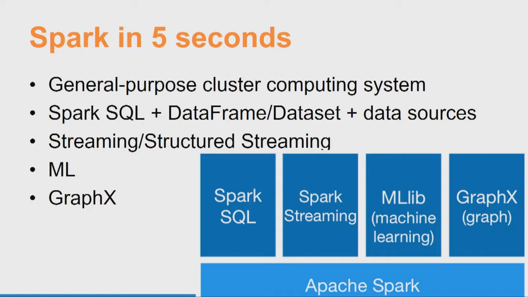But yeah, Spark in 5 seconds. This diagram, this chart always shows up. Spark itself is a general purpose cluster computing system. It supports several different types of verticals, including something new like structured streaming, a streaming application, Spark SQL, data frame, data set, data sources, machine learning, ML pipeline, and graph.